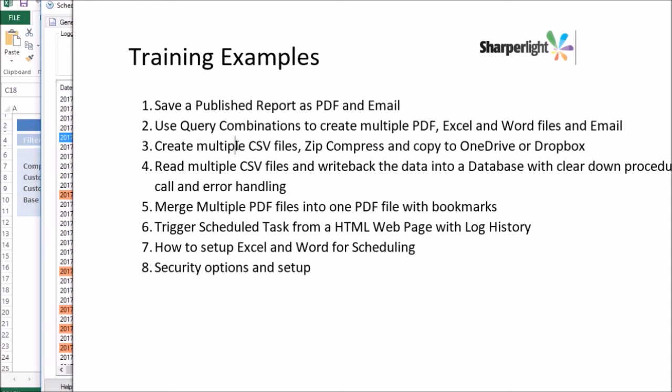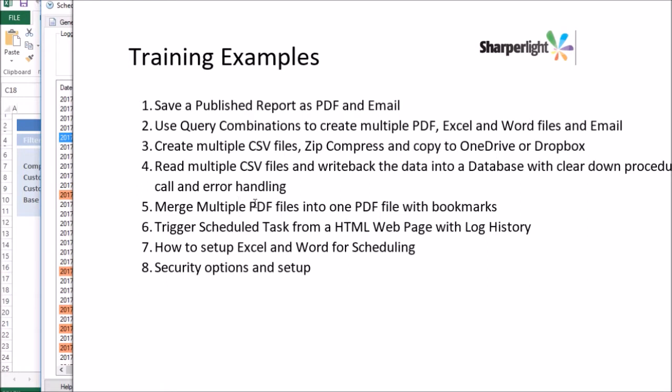In the next example, we'll look at how you can read data out of your application database, create CSV files, compress them, and upload them to a OneDrive or Dropbox location. Then we'll be looking at the reverse of that, where you read CSV files from your file system and write it back to your application database, along with some clear down logic and what to do with error handling.